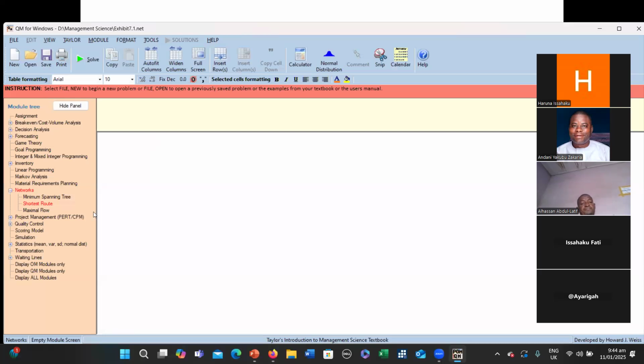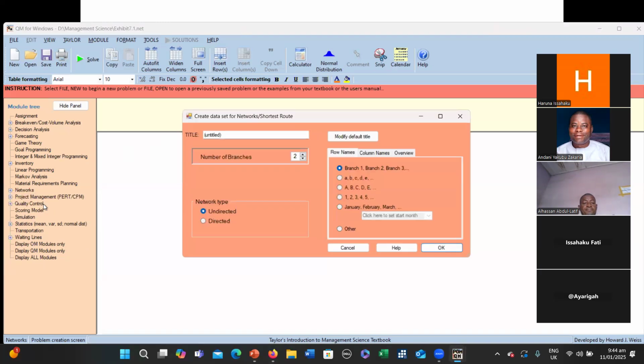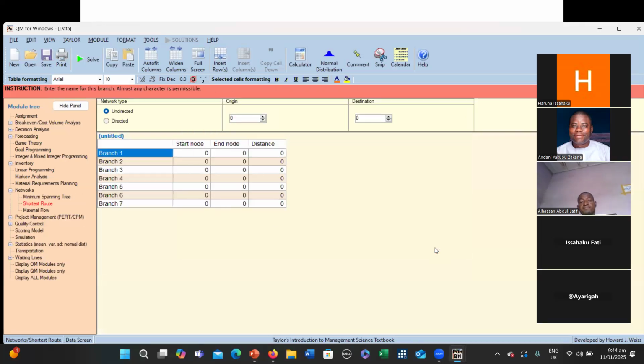And then you choose which network problem. We choose shortest route. You define the number of branches, so for instance, 7. You can enter the branch names, the node numbers, both the start and end nodes, and the distance.